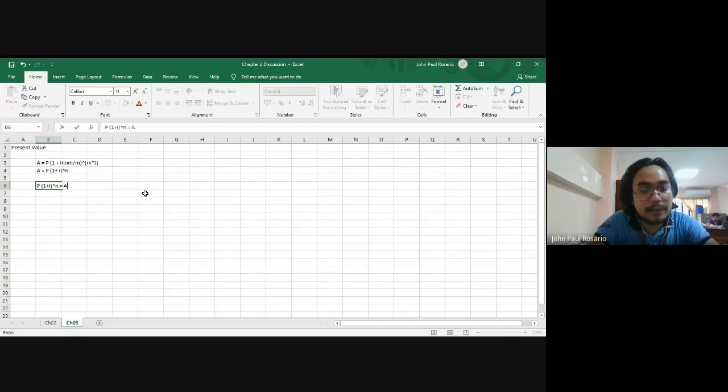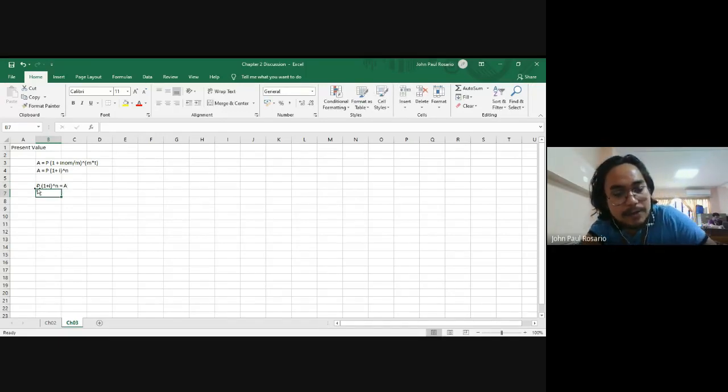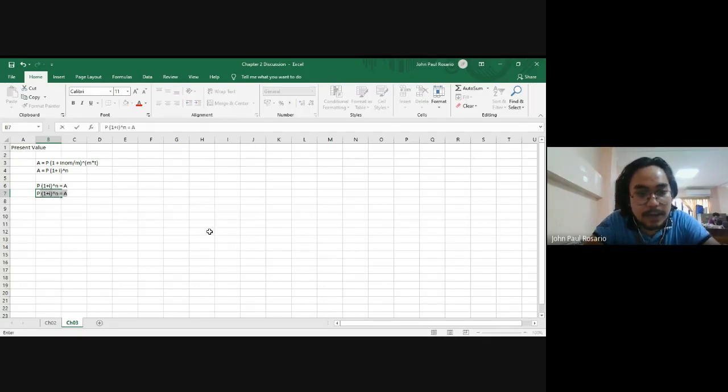Since P is the unknown, dapat ang mabiling sa P's na side, tama? So P is equal to A over (1 plus i) to the power of n. Now, as what we did last time, since n is an exponent, you can bring it up towards the numerator, tama?